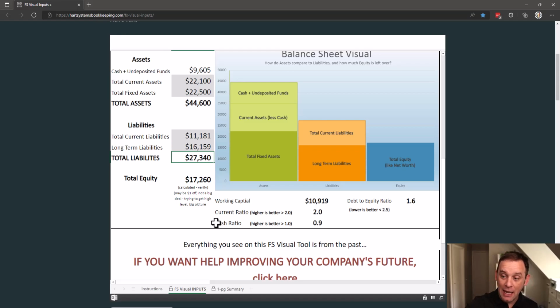Now, I am under 1 right here because I don't have enough cash to pay off all my current liabilities. If I did, that'd be pretty awesome. But very likely, we don't. We don't have a whole lot of cash sitting in the businesses, at least not most businesses. But a universal starting goal is 1 and higher is even better, right?